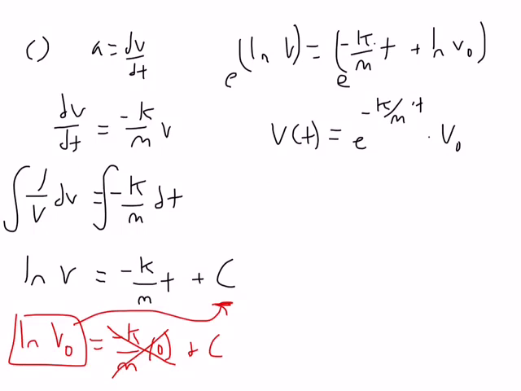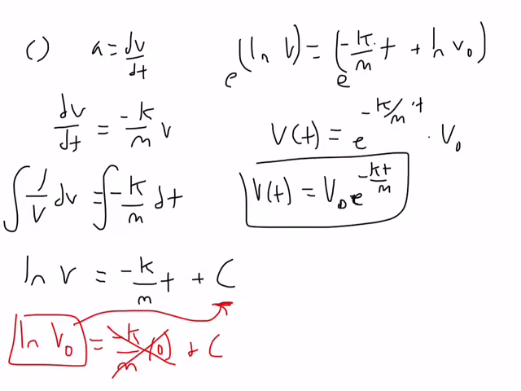Right? And so we can rearrange that to get v of t equals v naught e to the negative kt over m. Right? And that has the characteristic shape that you should expect. It's an exponential decay, so as time goes on, it slows down.